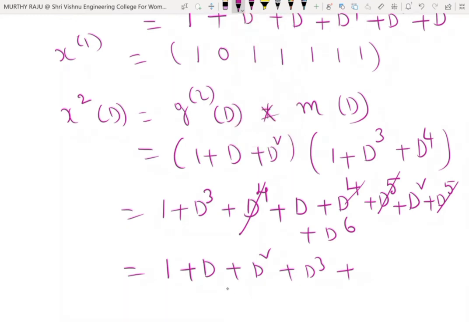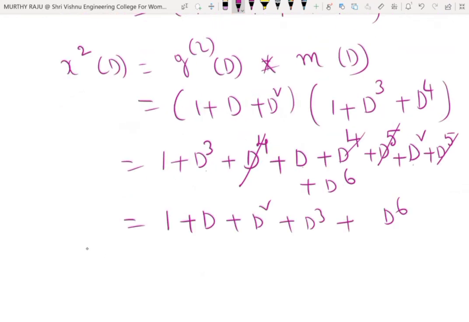1 plus d square. The d square term is there, d term is there, d cube term is there. Next, d power 4 and d power 5 terms are absent. Last one is d power 6. Convert this message polynomial into vector.